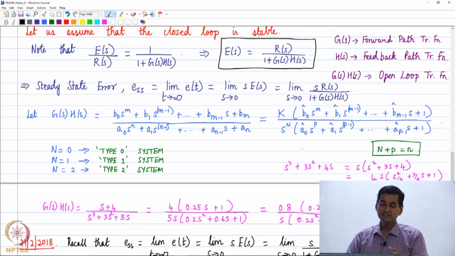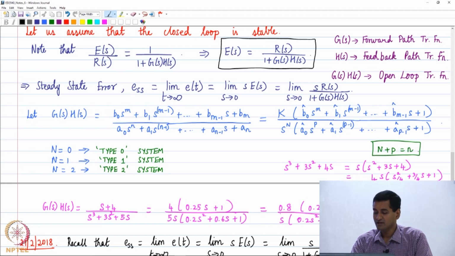And we discussed that if G of s H of s were to take this generic form as shown here, we can always rewrite it in this form, right. Some K times some numerator polynomial whose constant term is 1, divided by s power capital N times a denominator polynomial whose constant term is once again 1.